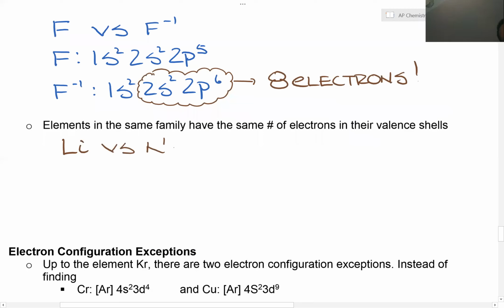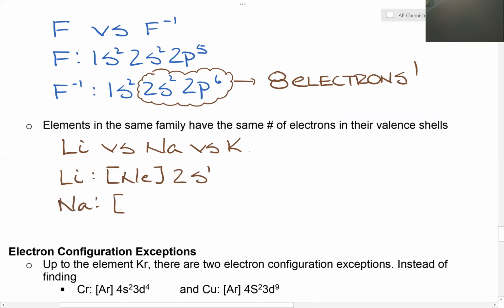If I did the short form using the noble gases, lithium would be helium 2s1.